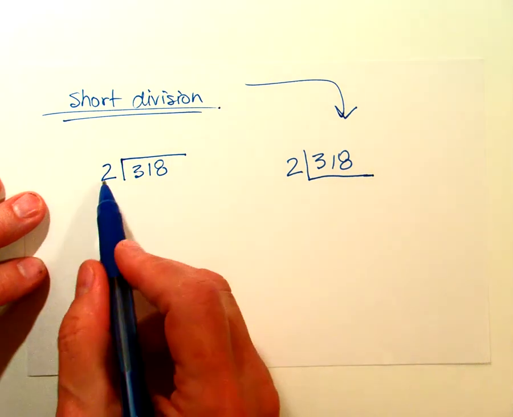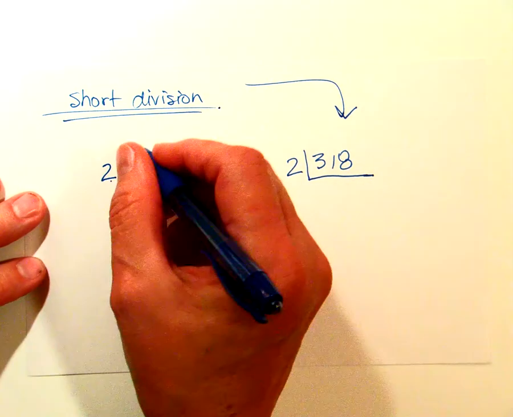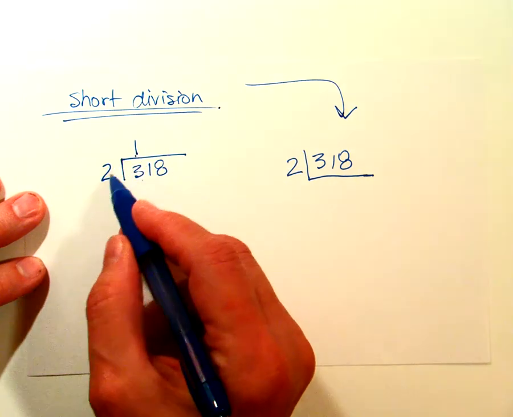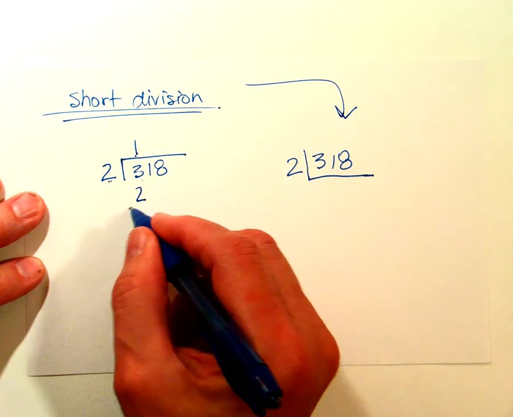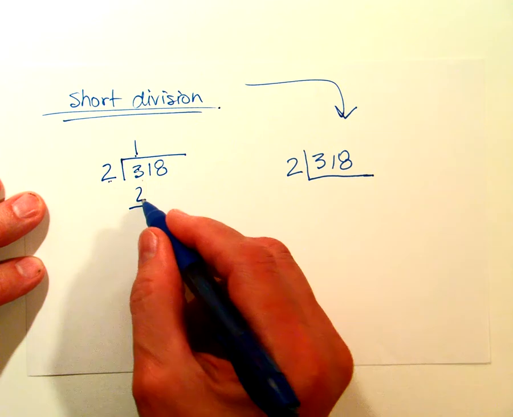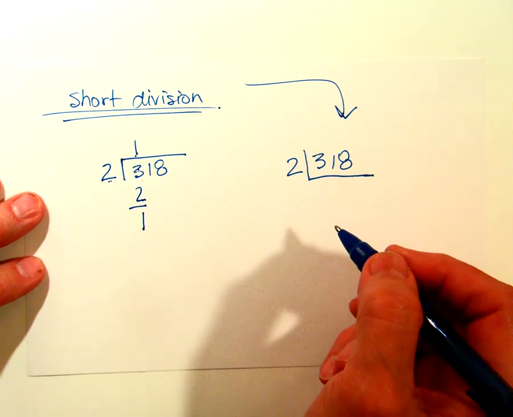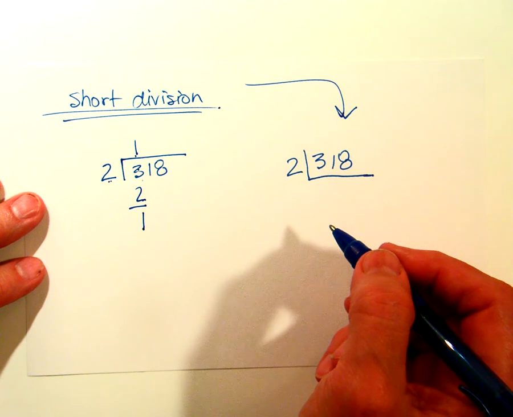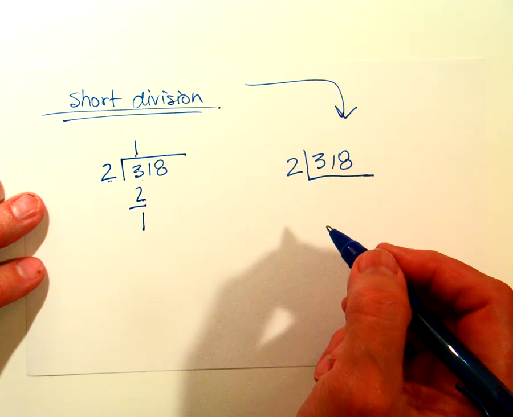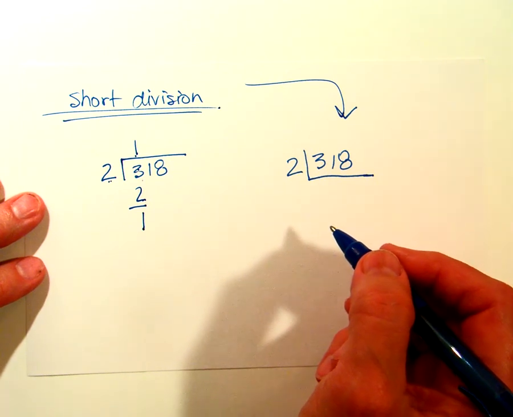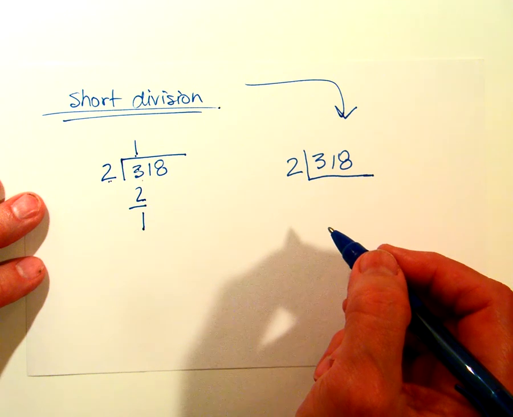Let's look at what happens. First off, I say, how many 2's are in 3? Oh, there's 1. 1 times 2 is 2. 3 minus 2 is 1. Okay. You are all proud 8th graders, and I'm just really confident that you can do 3 minus 2 and get 1 and do it in your head.